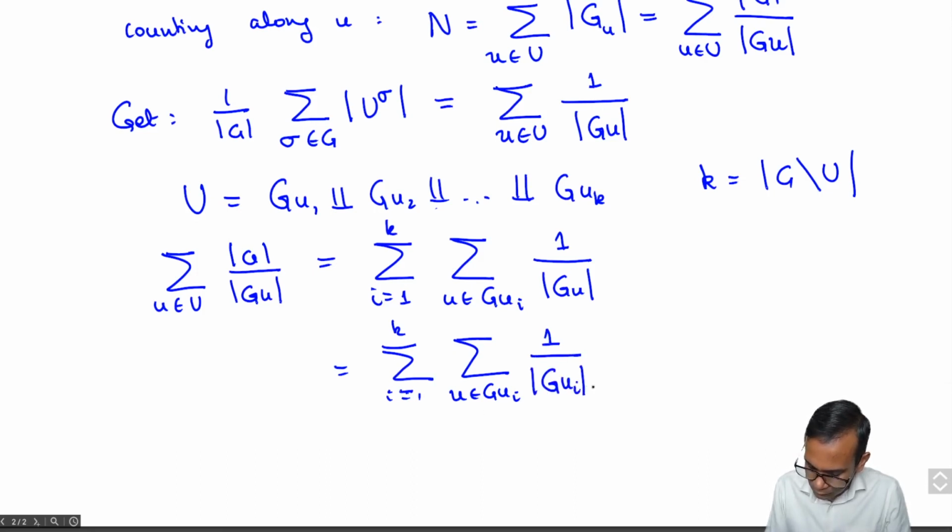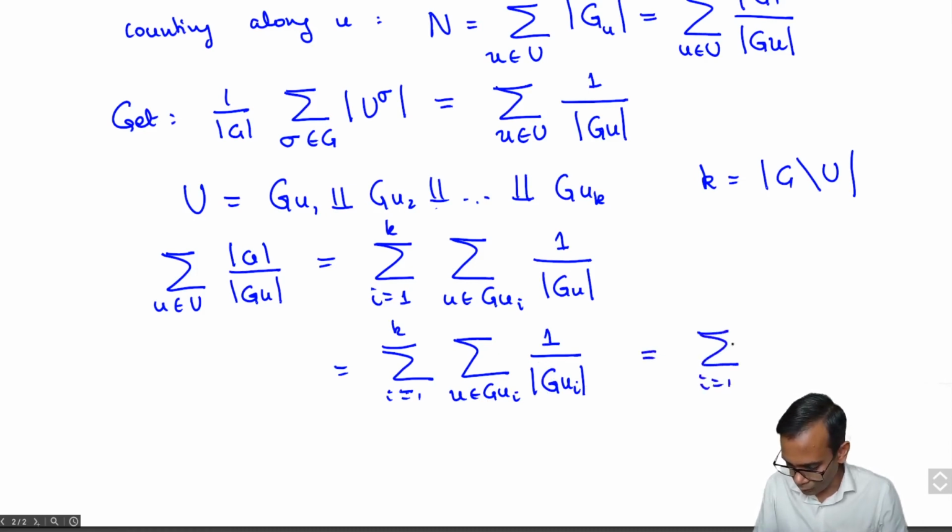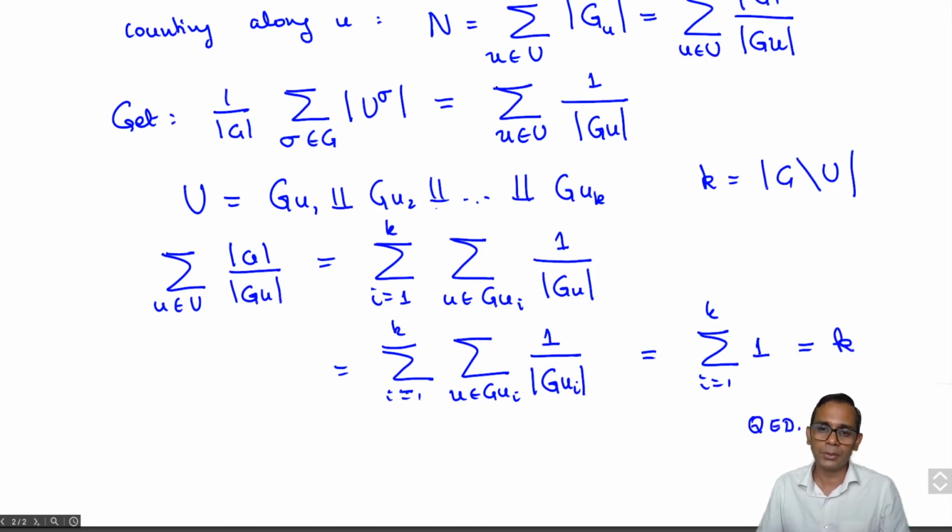But this summand here is constant, and how many terms are there? Well, there are exactly cardinality of GUI many terms. So this is equal to the sum over I equals 1 to k of cardinality of GUI divided by cardinality of GUI, which is 1, which is k. And k is of course the number of G orbits in U. And this now concludes the proof of the orbit counting theorem.